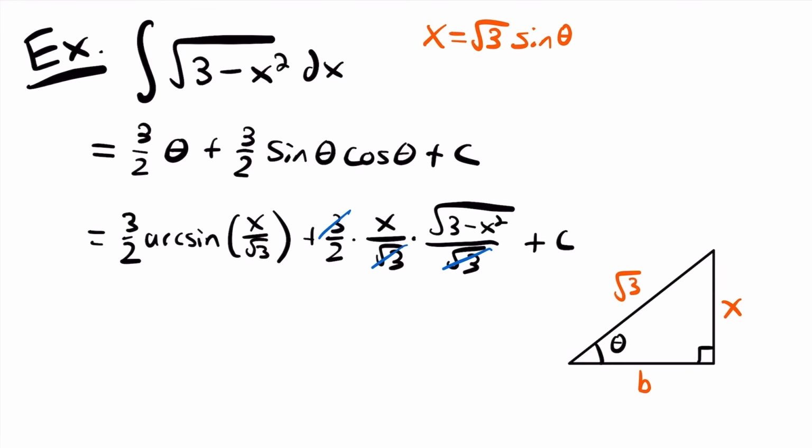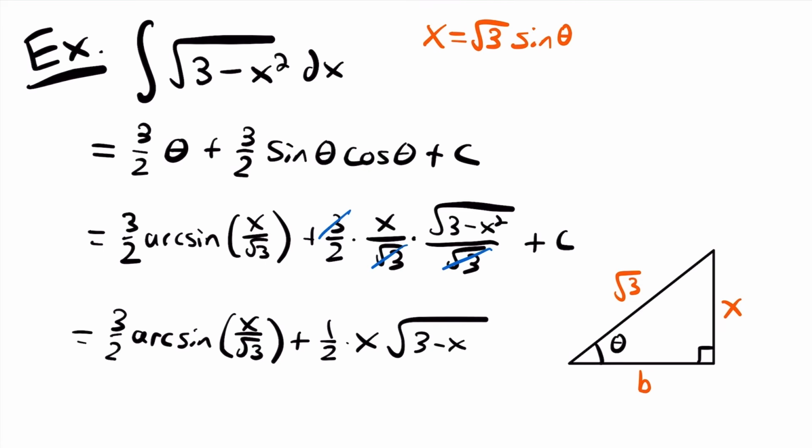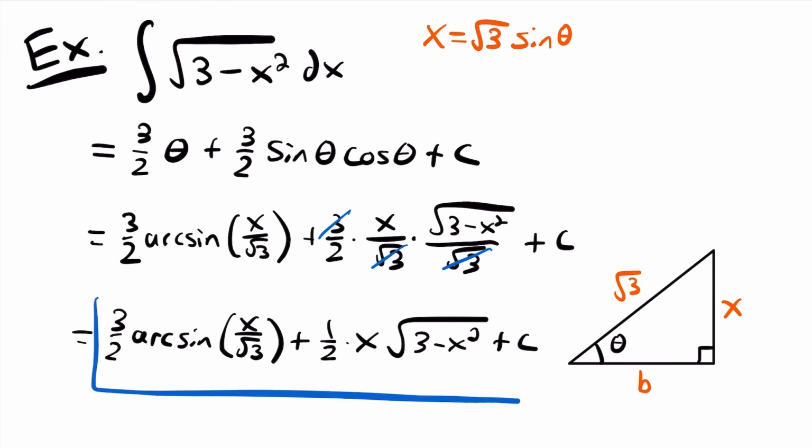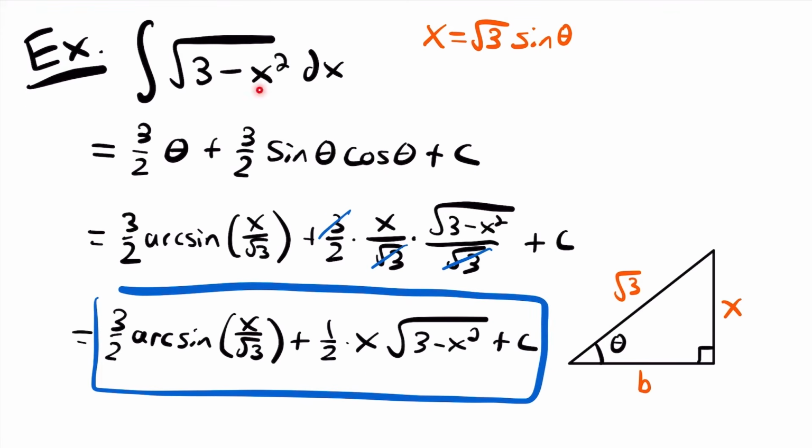And so what we will be left with is that this is equal to 3/2 times arc sine of x divided by the square root of 3 plus 1/2 times x times the square root of 3 minus x squared plus c. Right, since that 3 and these square roots of 3 canceled out, we just have 1/2 and then x times the square root function. And so this is the final solution to this integral using trigonometric substitution.